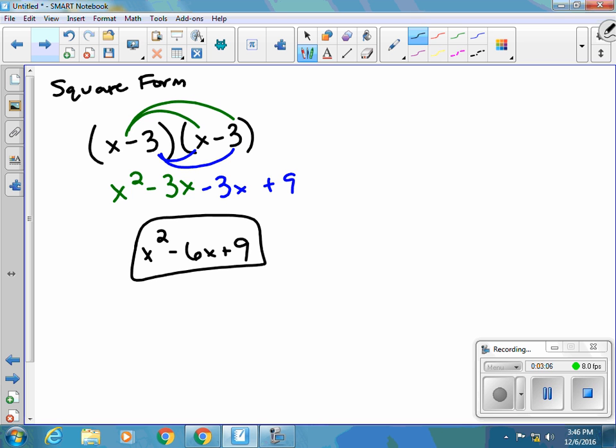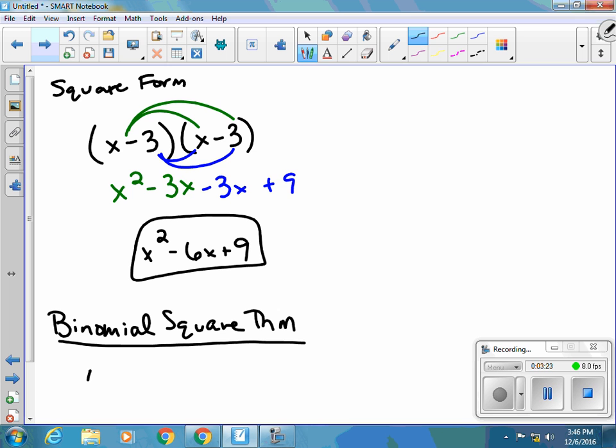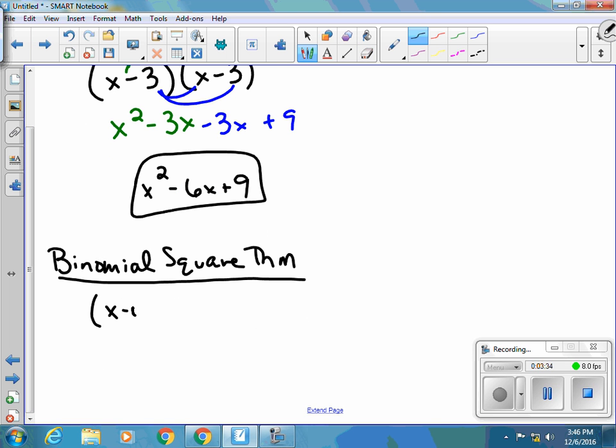However, with a square, there is a shortcut you can use: the binomial square theorem. So let's say that I have x minus y squared, which is going to equal, and this is where you don't have to do the distribution, you can just plug in your information.